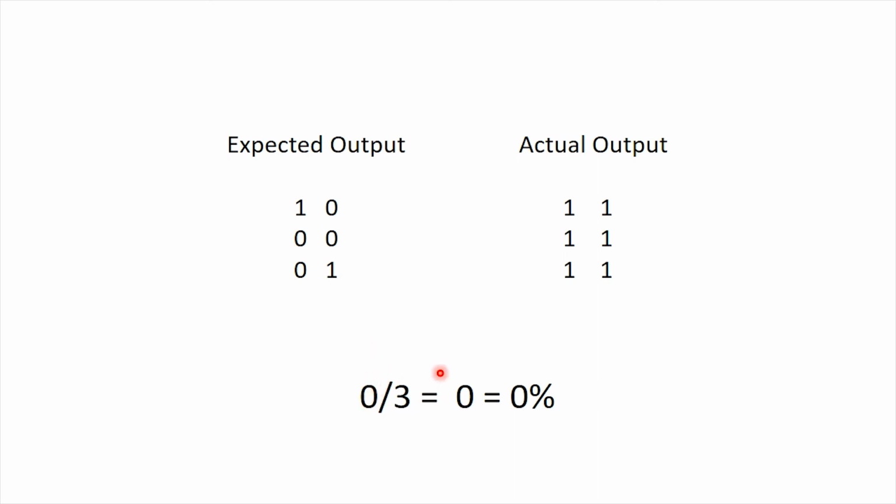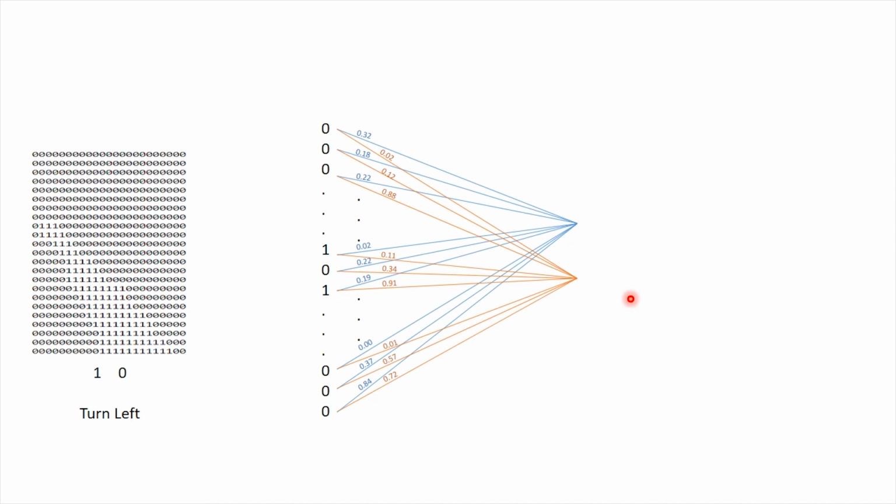So 0 over 3 is equal to 0, which means that the algorithm so far is 0% efficient, because none of the outputs corresponded to the expected output that I was looking for.